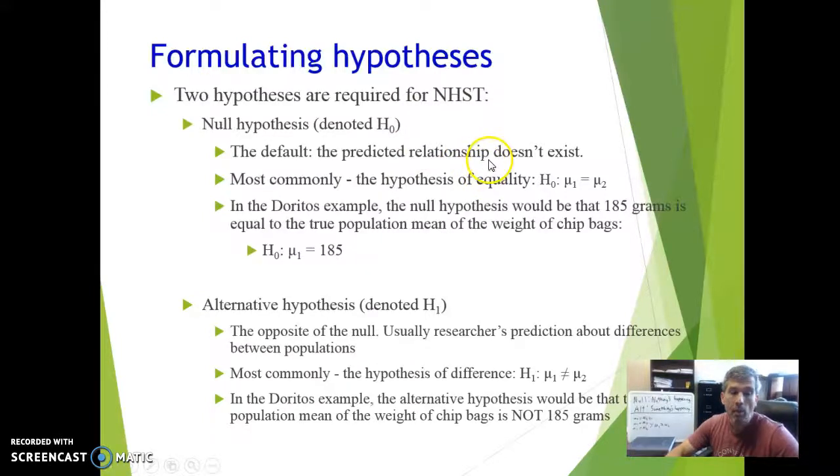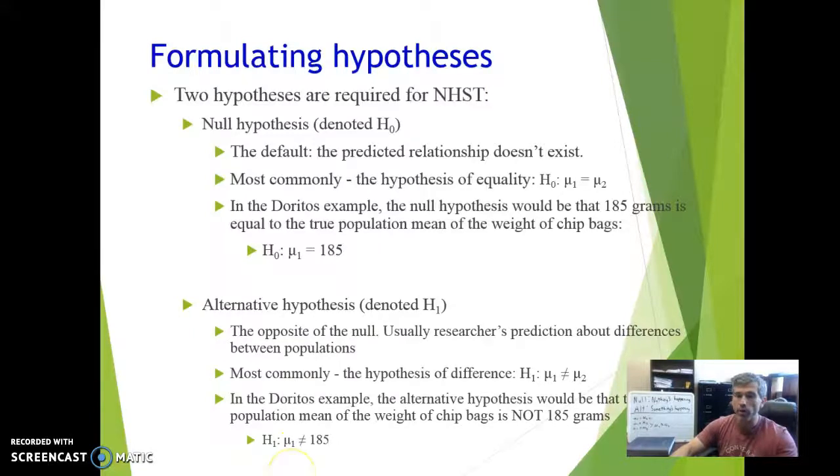In the Doritos example, our alternative hypothesis is that the population mean of the weight of chip bags is not 185 grams. Notice that between these two hypotheses, we've covered all three things that can happen. None of those possibilities are in multiple hypotheses. They're not repeated between those hypotheses. They are split up, but between those two hypotheses, we've accounted for the only three things that can happen.